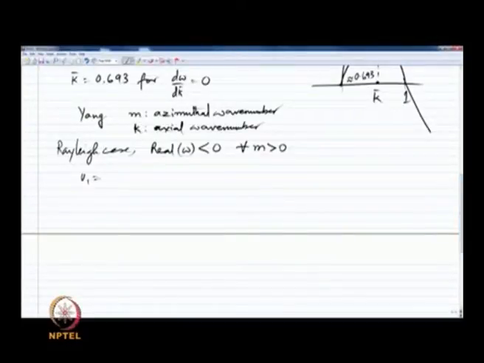But if u1 is not equal to 0 and u2 is not equal to 0, then this may not necessarily be true, that all the azimuthal waves are unconditionally stable.